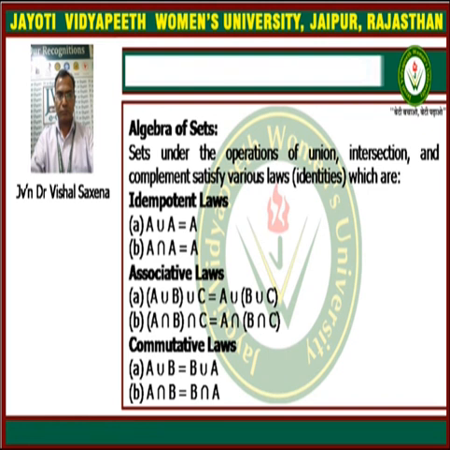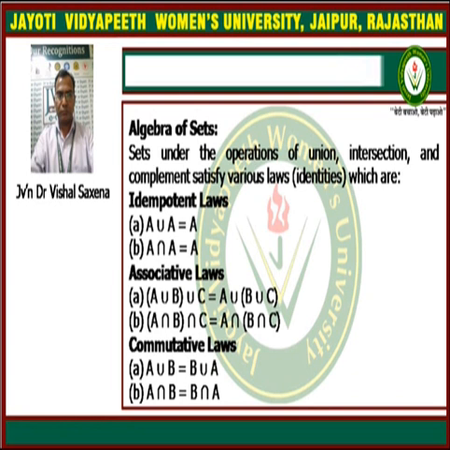In idempotent laws, A union A is equal to A, where A represents a set, and A intersection A again is equal to set A. So these two are called the idempotent laws, where the union of two sets is the same set and the intersection of two sets is the same set.